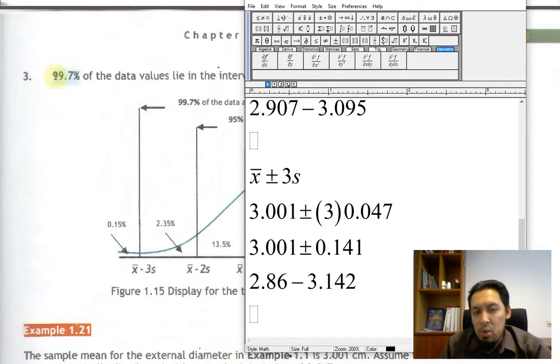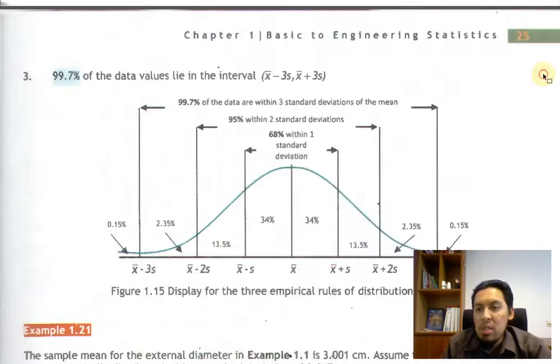So the other 0.3% might be having a value that is less than this or more than this. So that is what we can say by using just empirical rule, without even needing to look at the data, given that your data is symmetry.